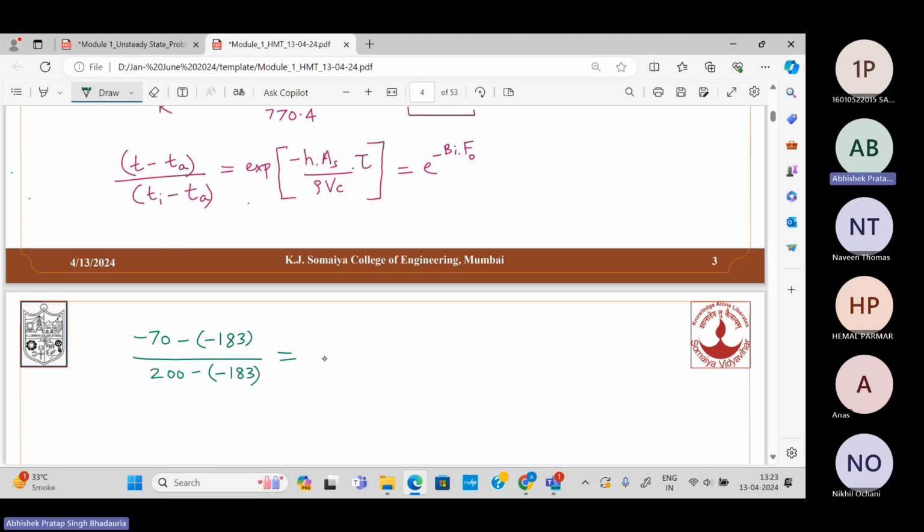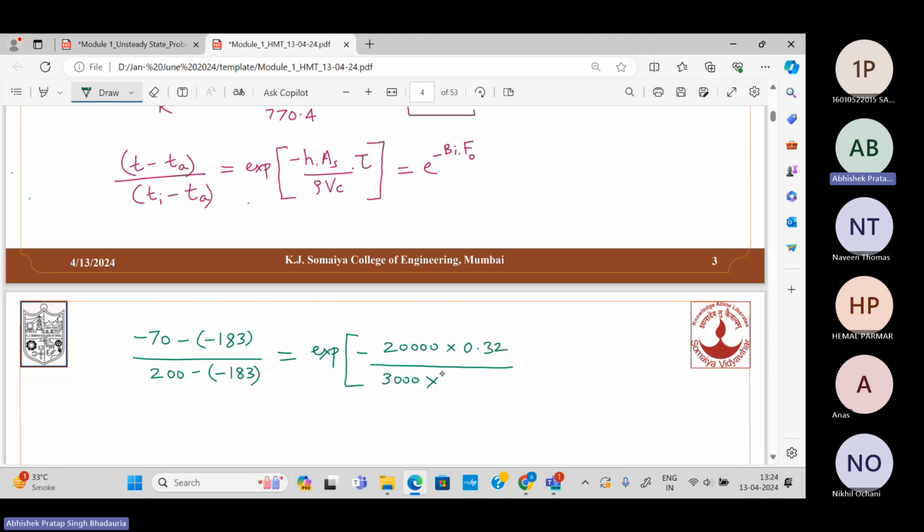and it is equal to e to the power minus the value of h is 20,000. The surface area value we have already calculated at the start, it is 0.32, divided by the value of density, which is given in the problem itself, 3000 kg per meter cube.